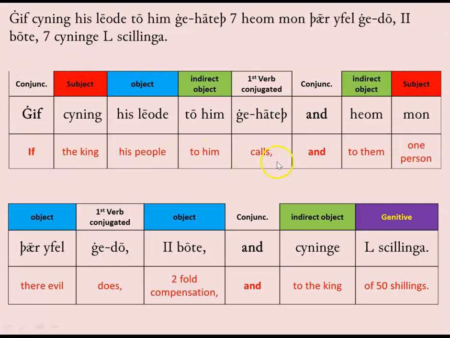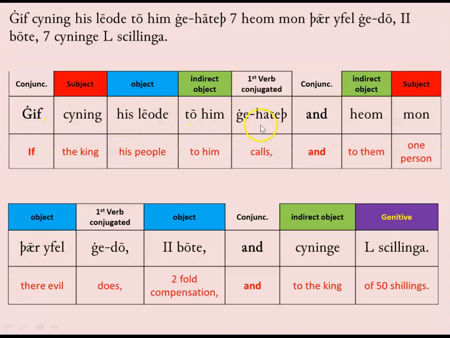If the king calls his people to him, and one person does them evil, twofold compensation, and to the king, 50 shillings. Now, yif is a subordinating conjunction. So we can expect, as a subordinating conjunction, that the verb will be sent to last place in the clause.